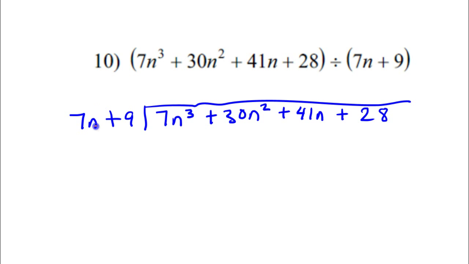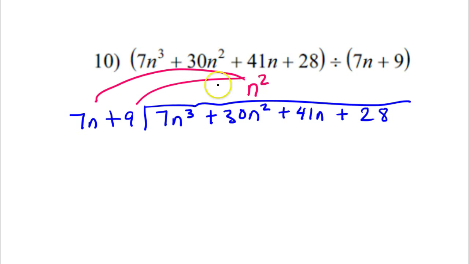Okay, so I'll ask myself, 7n times what will give me 7n to the third power? Answer, n squared. Going to line it up with the other n squared. Once I have that, I do the distributive property with it.